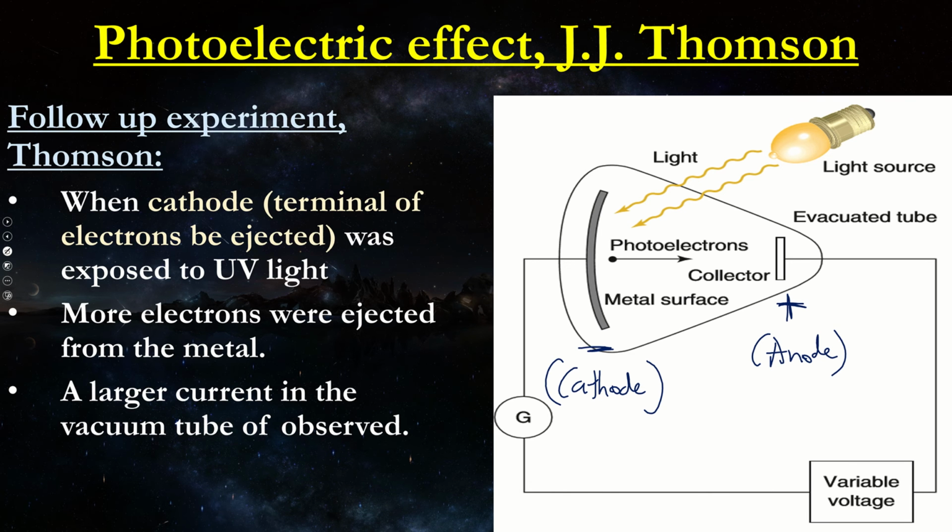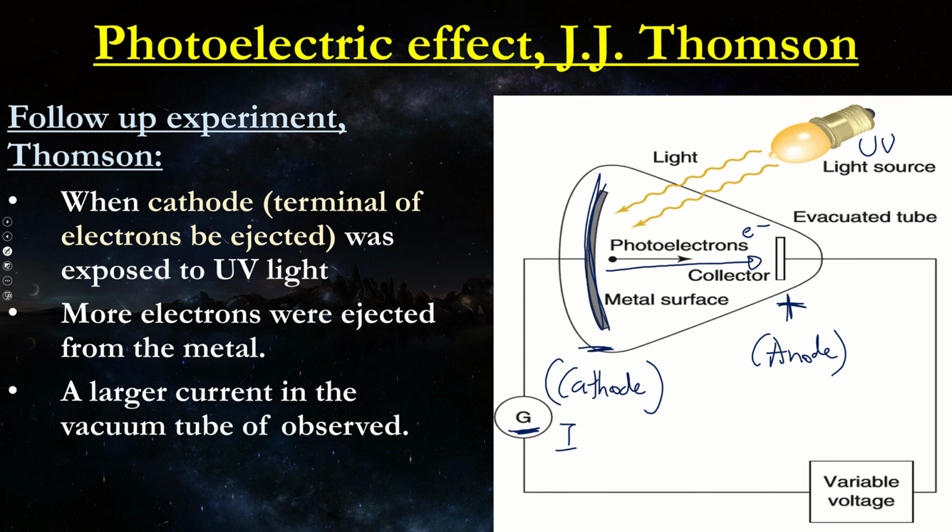Now, J.J. Thompson's experiment was very simple. You have UV light that shines onto the surface of a piece of metal, and he realized that there was an injection of electrons. How did he know that? Because on his galvanometer, he registered a current.